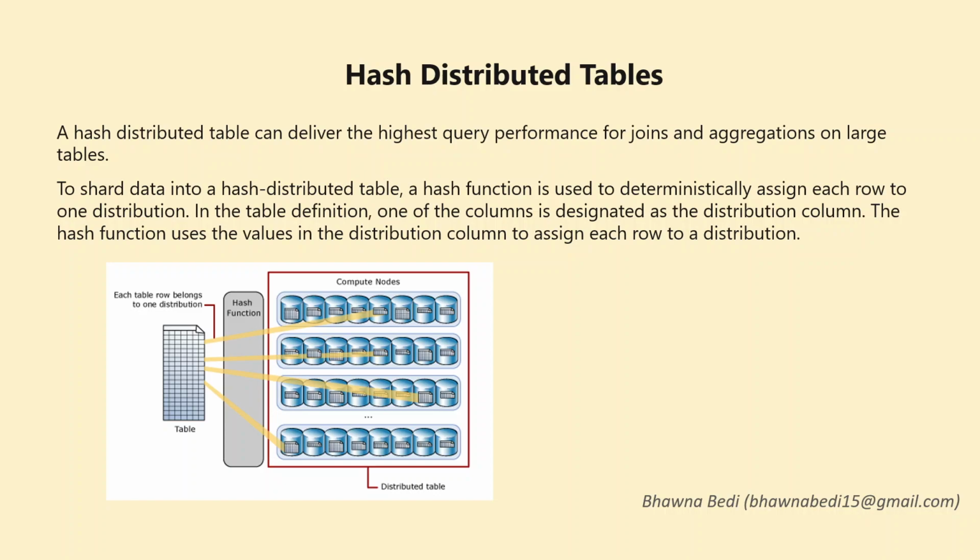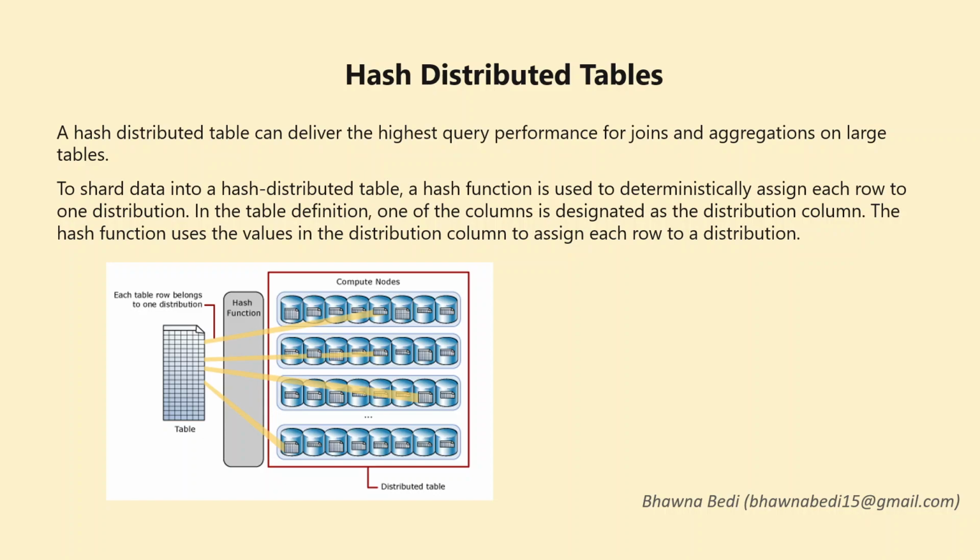All your identical values will always hash to the same distribution, and that is the reason that in the background, your Azure SQL Analytics would know where your data is located. That is one of the reasons hash distribution is usually used for a table where you have lots of data, maybe greater than 2 GB.